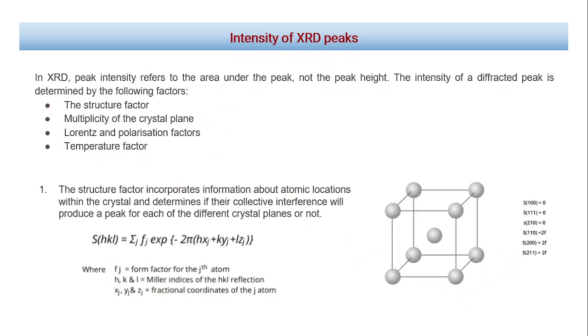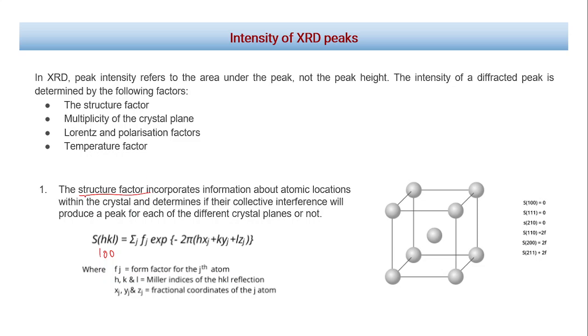Moving on to the first factor, the structure factor. The formula is given by this. The structure factor depends on the hkl value because we are talking about a particular lattice plane. It is calculated for that plane, whether it is the 100 plane, 110 plane, 111 plane, or any plane.